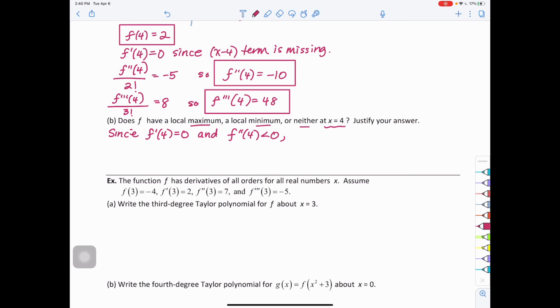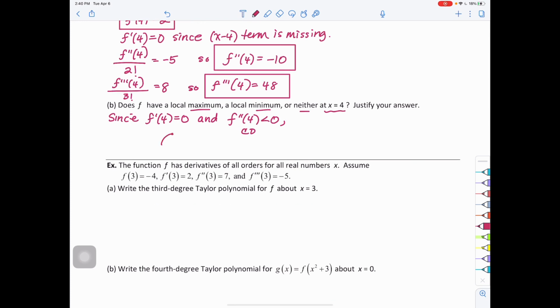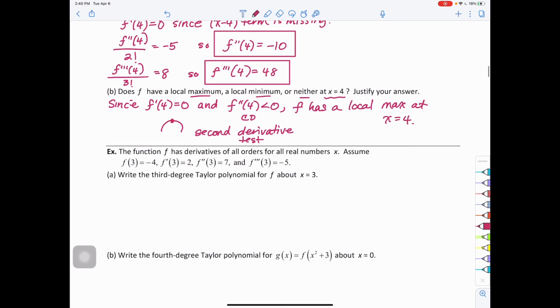So that means that we are concave down here, and f prime of 4 equal to 0, it looks like this. This is actually the second derivative test. So f has a local, what do we have here? A local max at x equal to 4. Okay?